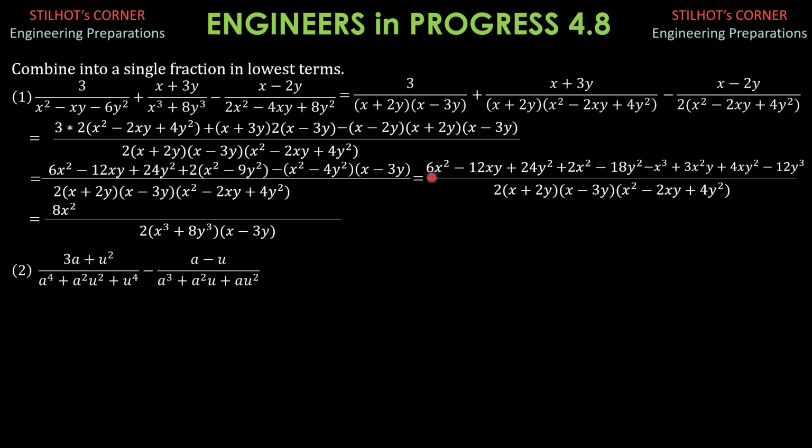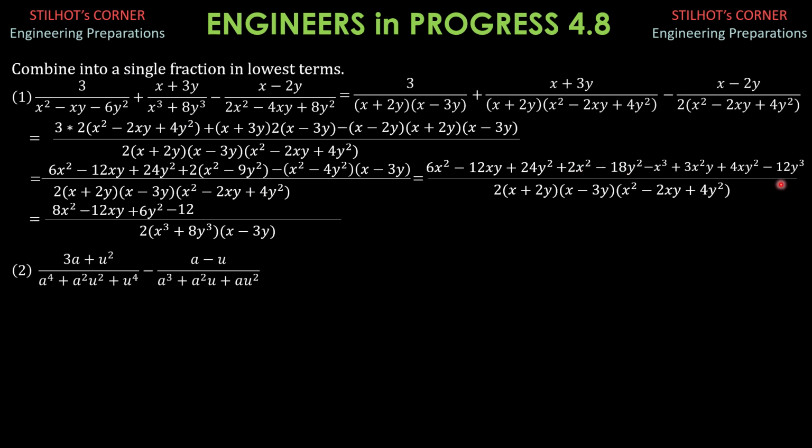So 8x squared, negative 12xy, then 24y squared minus 18y squared is 6y squared. Then this is already repeated.